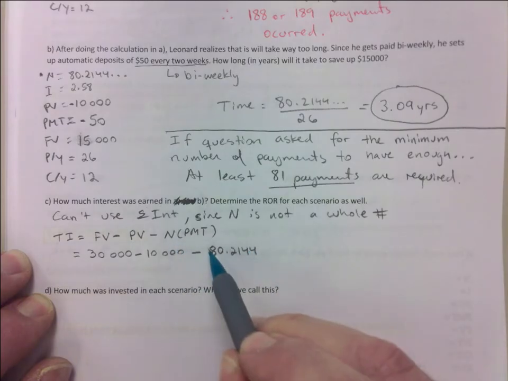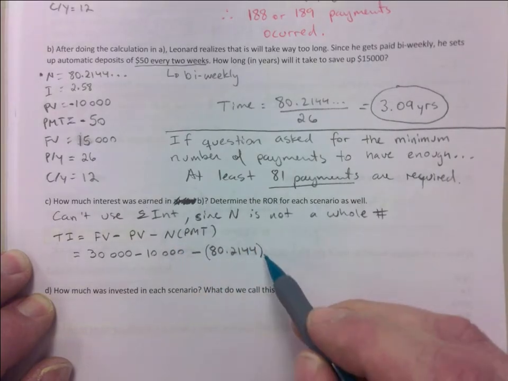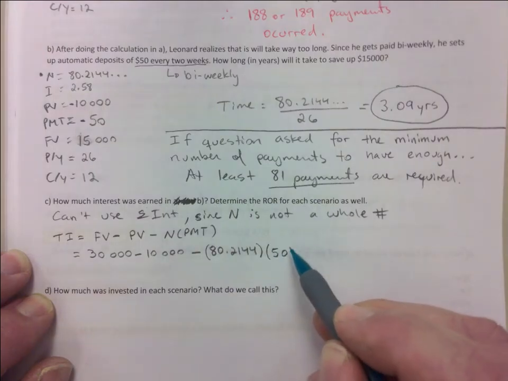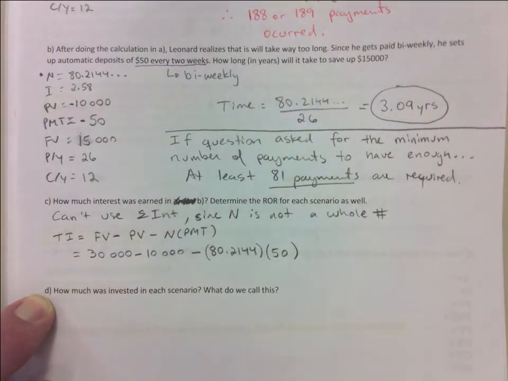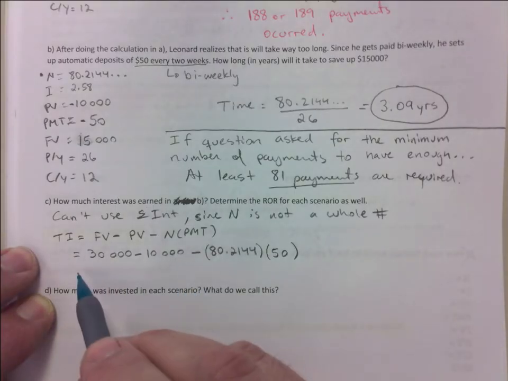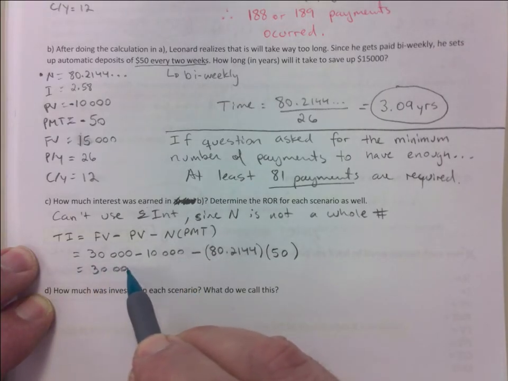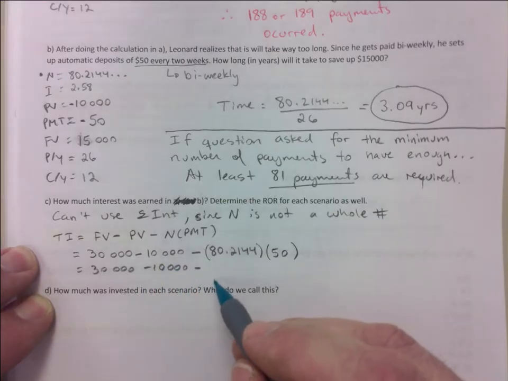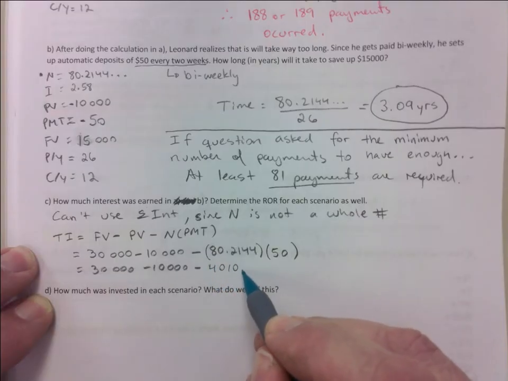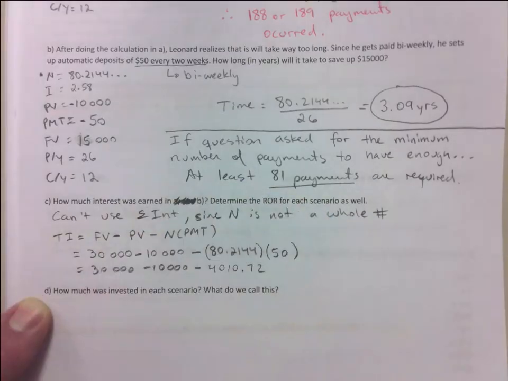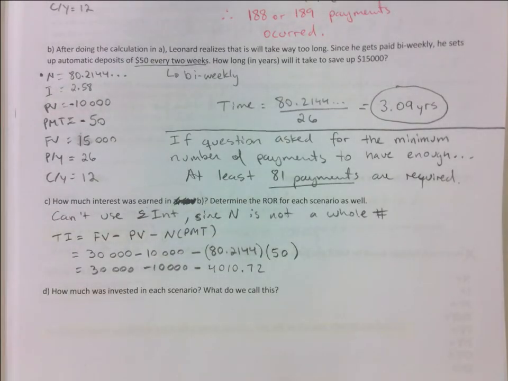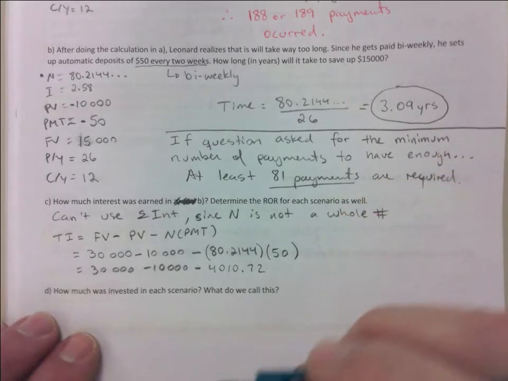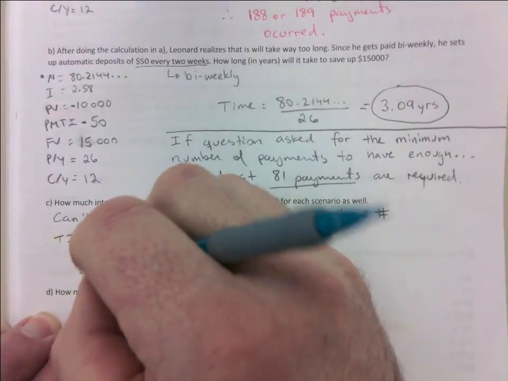That's what n is. Times 50. What's up with the 30?